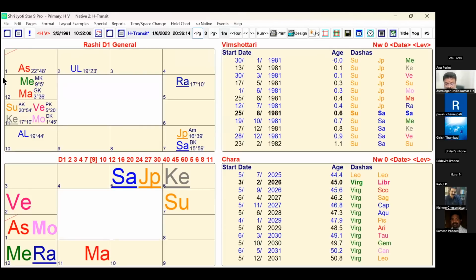Okay, but we learned from Mark Boni that his observation, or I don't know whether that was taken from K.N. Rao ji, is that if a retrograde Jupiter does not protect, the person becomes vulnerable. Remember, Kishore, we attended that class. Yes, Guruji.